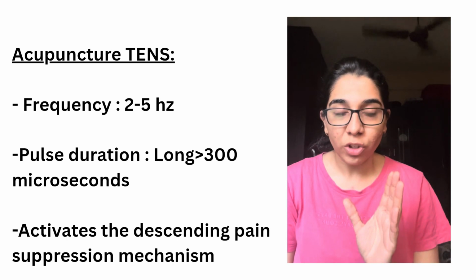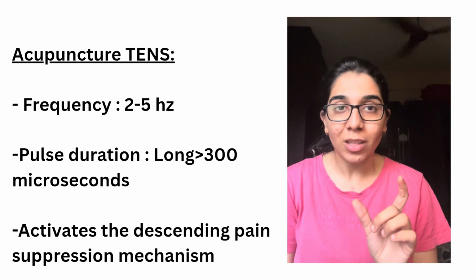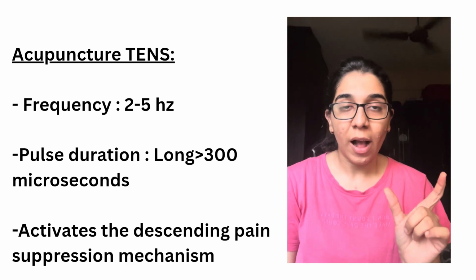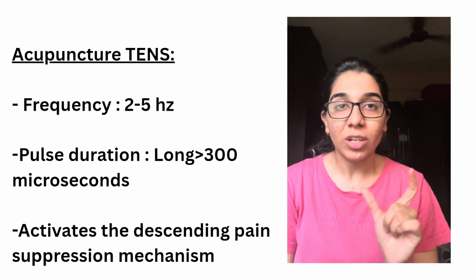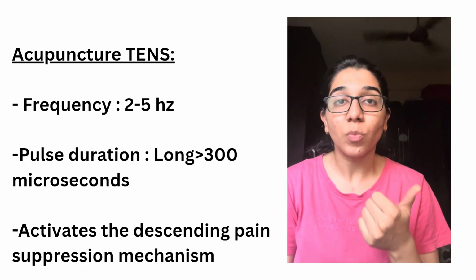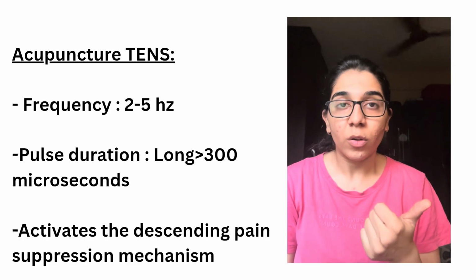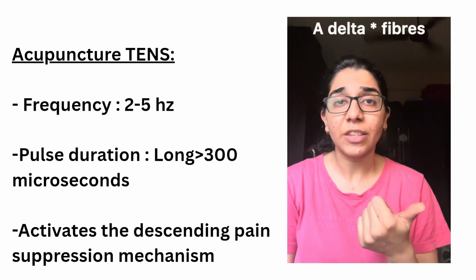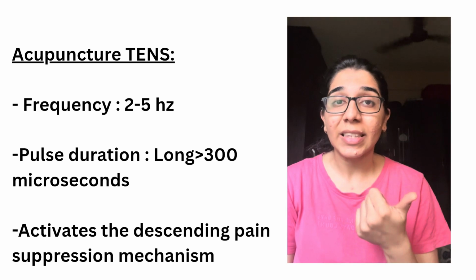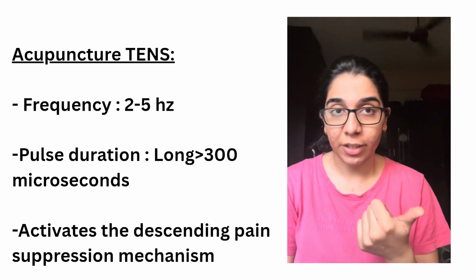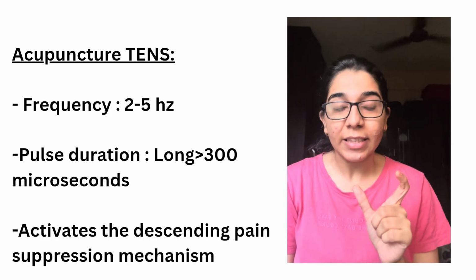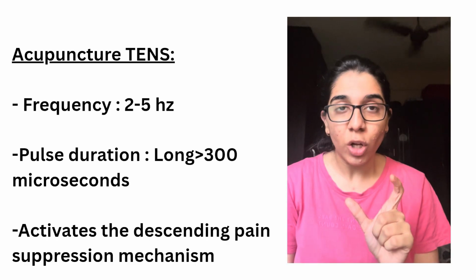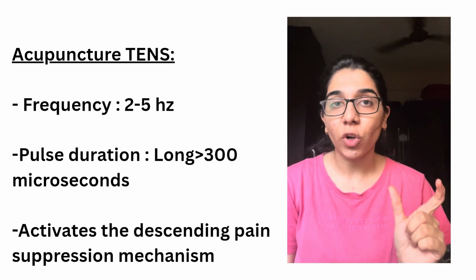Coming to acupuncture TENS, the pulse duration is large. Now, whenever the pulse duration is large, it is going to stimulate the small diameter nerve fibers, which are the A delta and C fibers. Whenever these fibers are stimulated, the descending pain suppression mechanism is activated, and in this the endogenous opiates are released, which is effective in treating chronic pain.